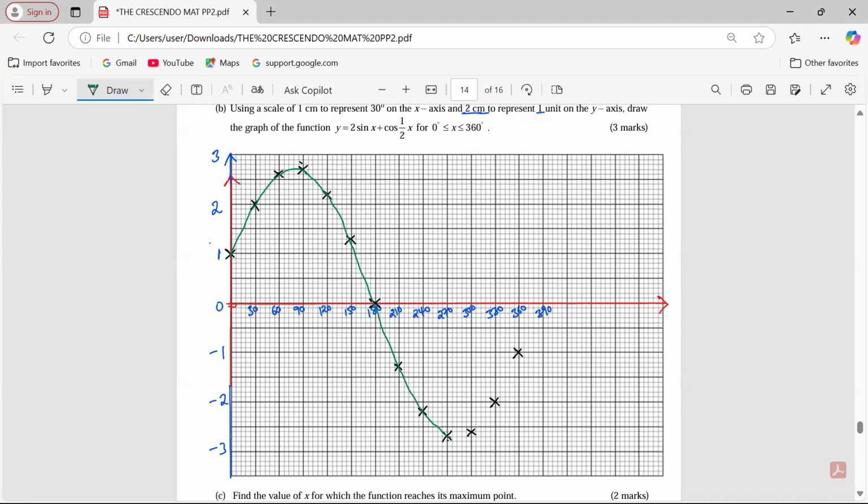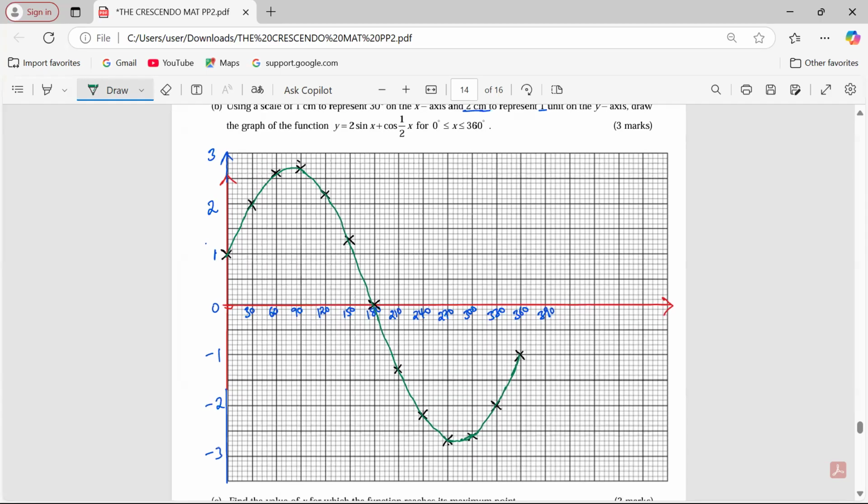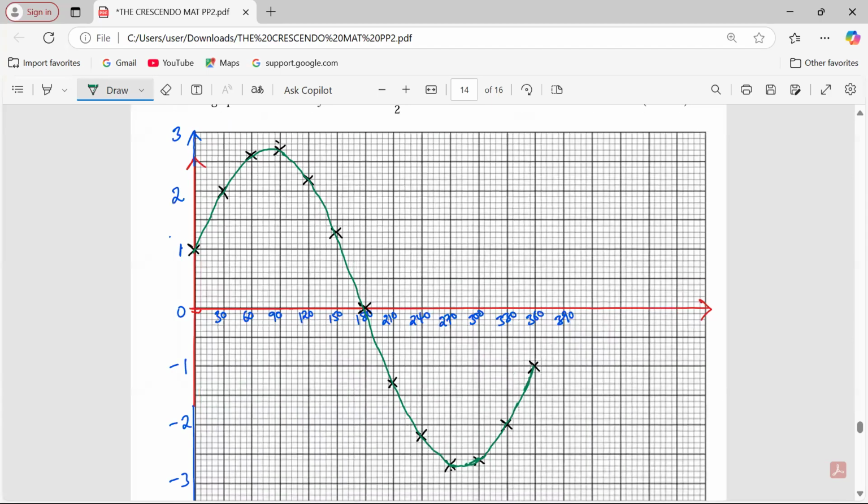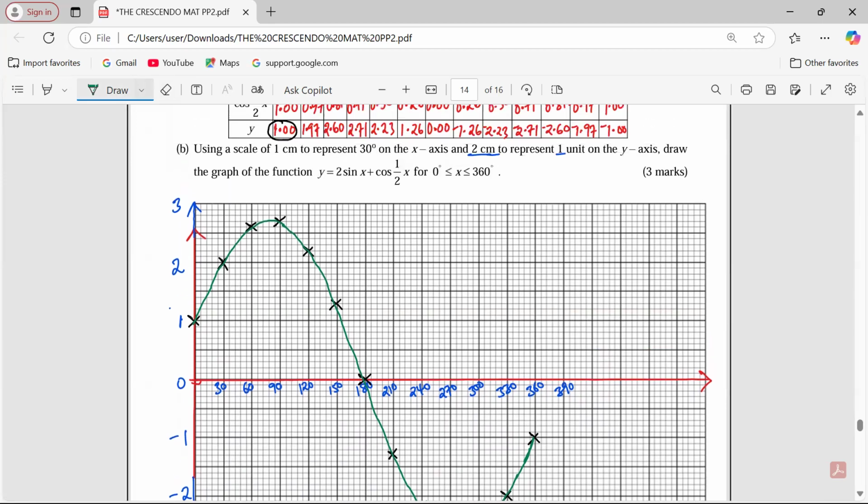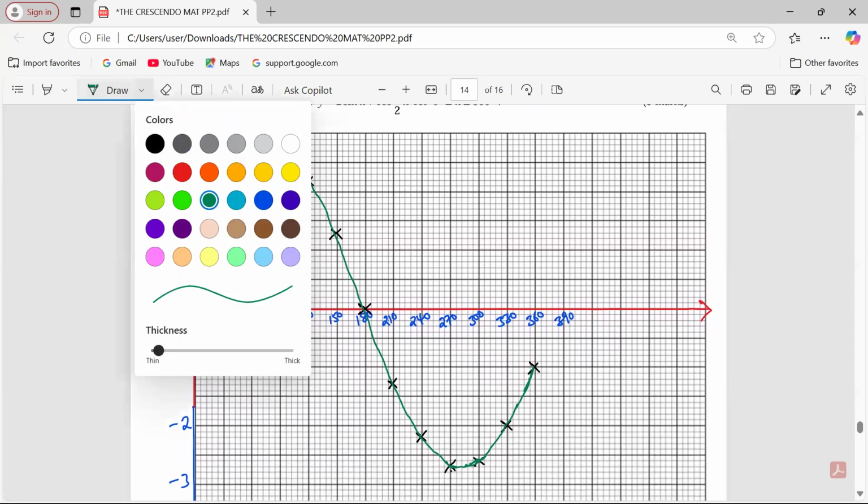When at the turning points, you're supposed to be very careful. Yeah, that way. So we got the curve down. A very excellent curve. You can try your curve and compare it with what I'm coming up with here. It's a very smooth curve. I've used my free hand, not a program that can be used to do this. They are there, but for this case, I've used my free hand.